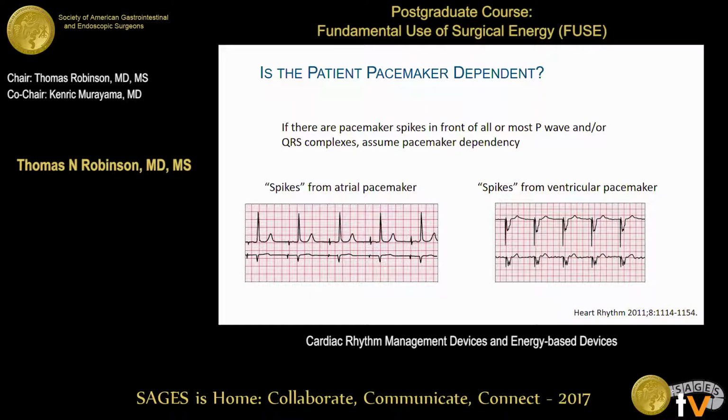These would be atrial pacer spikes, so this would be a pacing dependent patient. Here is a ventricular lead, and you can see it's right adjacent to every single one, so this patient is pacer dependent. If you have that pacer spike in front of the majority or all of your QRS waves, that's somebody who's pacing dependent.